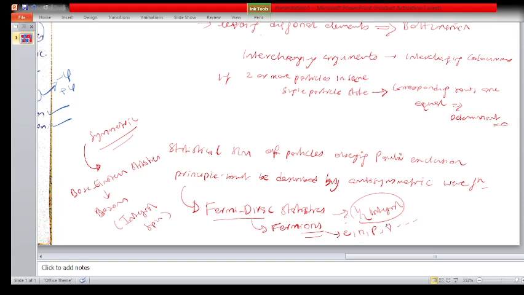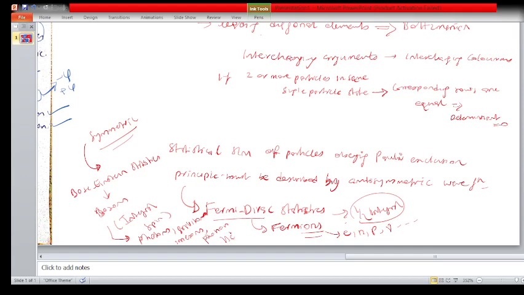All these come under fermions, and for bosons we have photons, the light particles, gravitons, mesons, pi mesons. Then phonon is the quantum of sound.